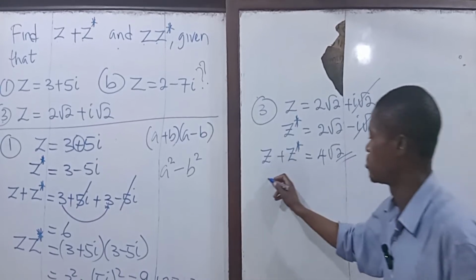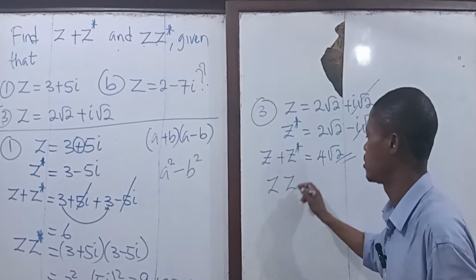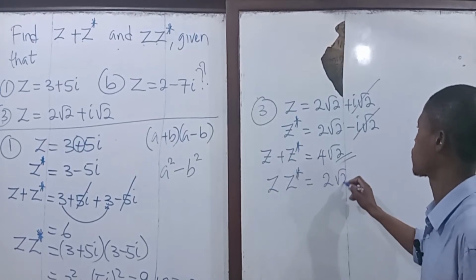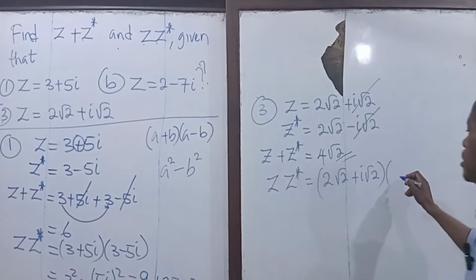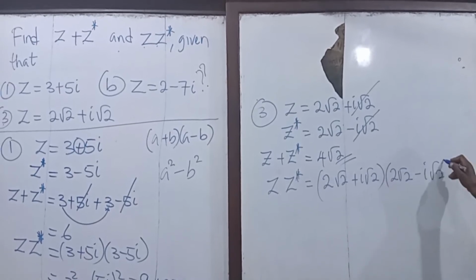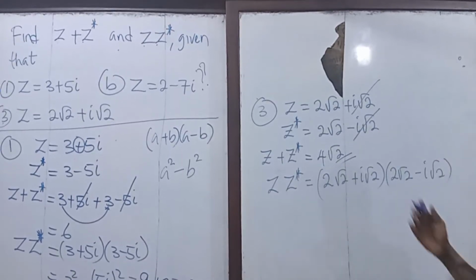Okay, let's quickly do the multiplications of the complex number and its conjugates. The complex number and its conjugates, that will be 2 root 2 plus i root 2 times 2 root 2 minus i root 2. So this will be equal to what? Apply difference of two squares.